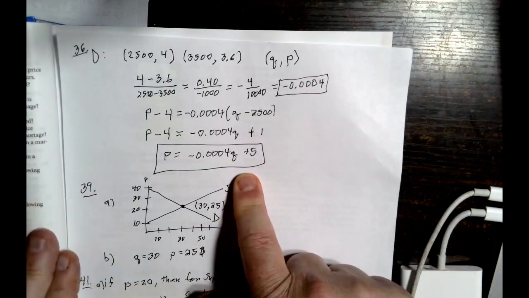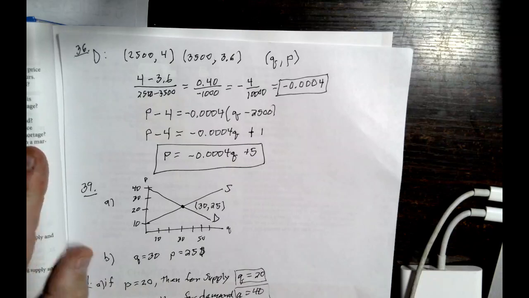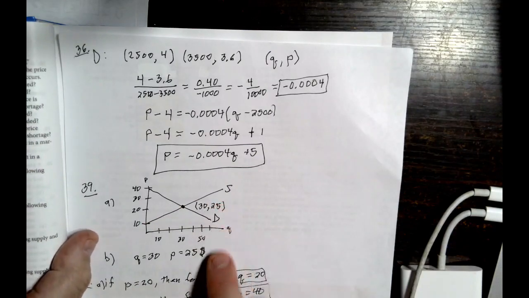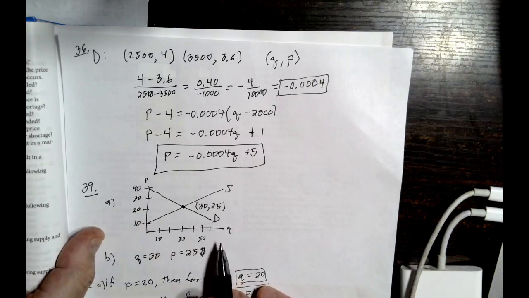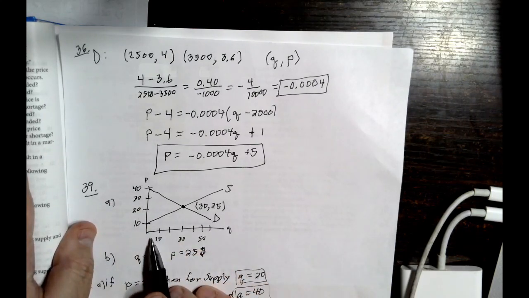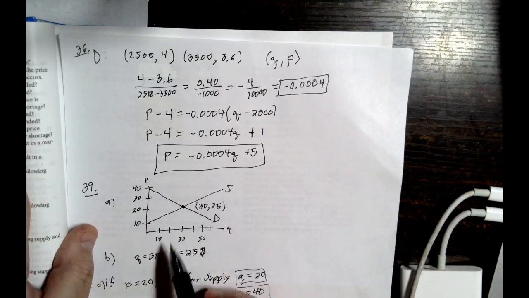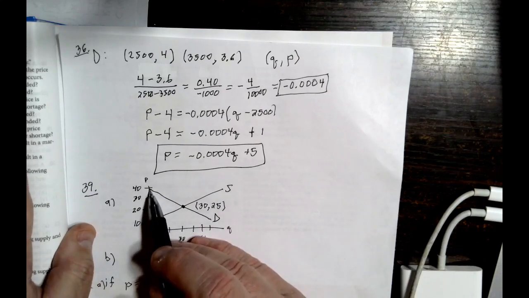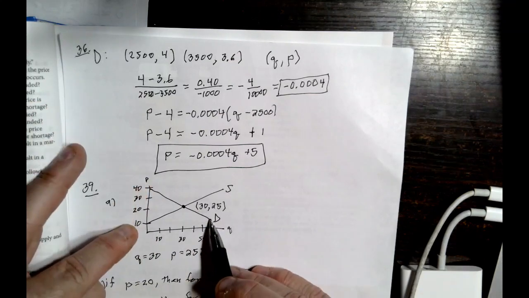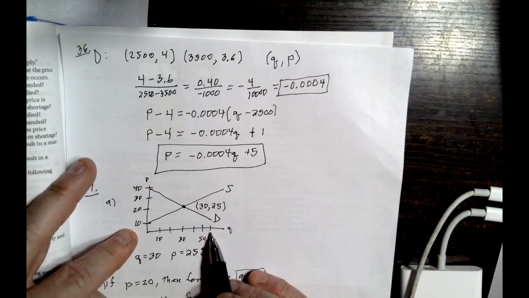Okay, now 39. 39, they give you an equation. They say label each one as supply or demand. Alright, now you can know demand easily enough because if the price is very high, there's going to be little demand for it. So if you have a high price at 40, there's going to be 0 demand for it. But if you have a low price of 10, you're going to have a demand of 60.